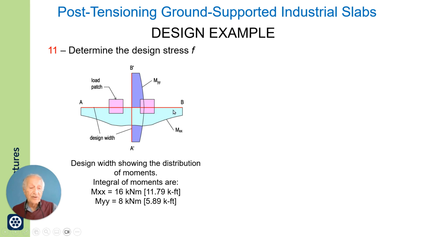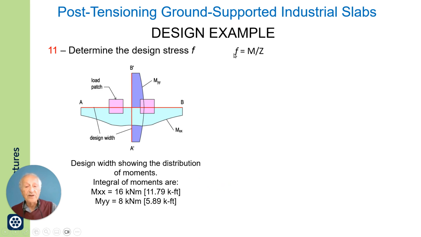Again, commercially available software, once you have the design width, already calculates the integral of the moment. You don't have to do it manually. And these are the integrals are given by these values for the example that I gave you.